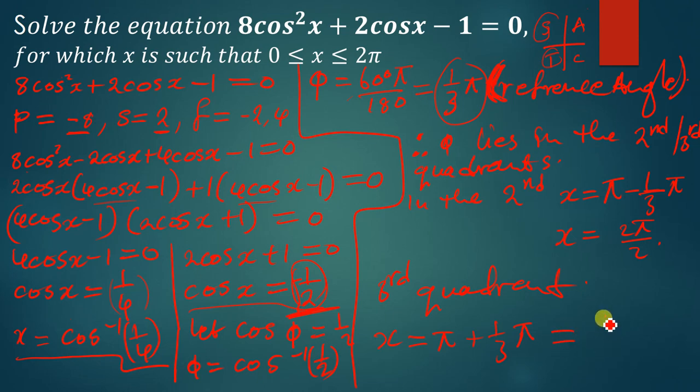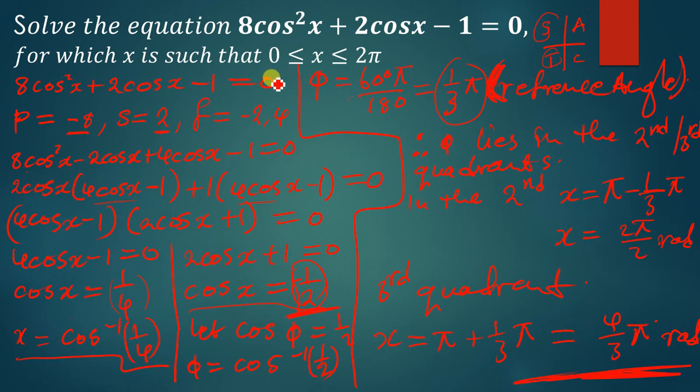When you add this, you get 4 over 3 pi. Of course these are in radians. So these are the angles that we needed to find here.